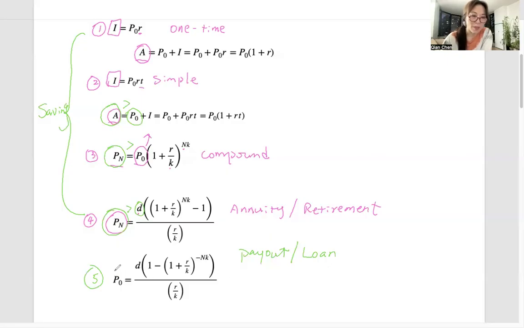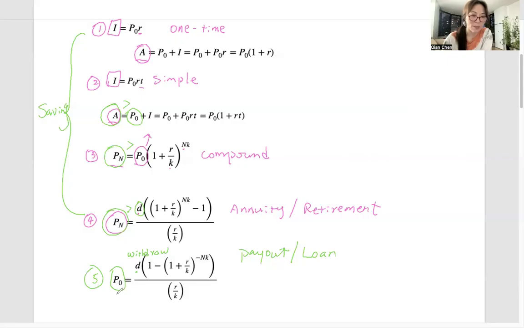For retirement, this is how much money you have saved up. Now you're starting to withdraw. So this little d is confusing. D here is not deposit. I would rather use W to mean withdraw money. So now you're starting to withdraw money from this retirement fund.